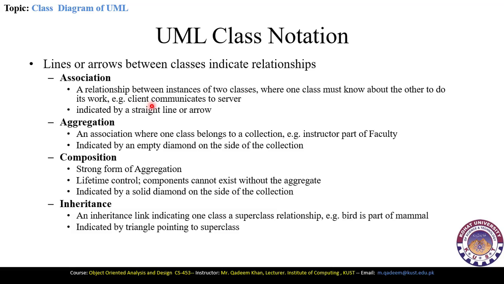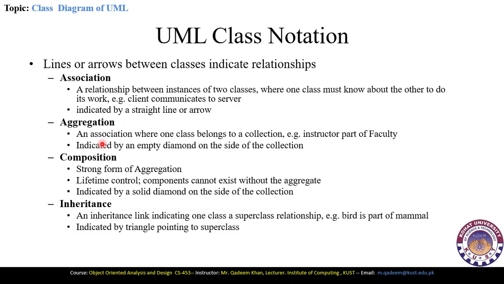For example, a client communicates to the server. Here we access the object of the server inside the client, so the client will be able to communicate with the server. That is indicated by straight lines or arrows, because there are multiple association relationships like unary association and binary association.